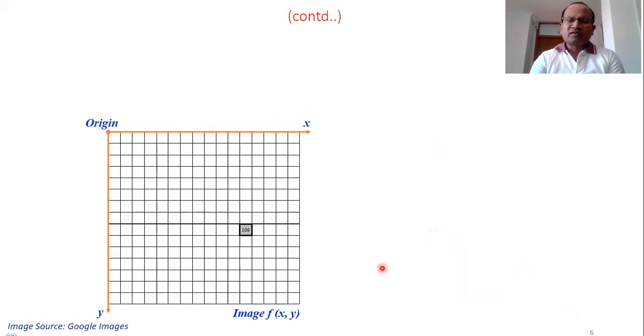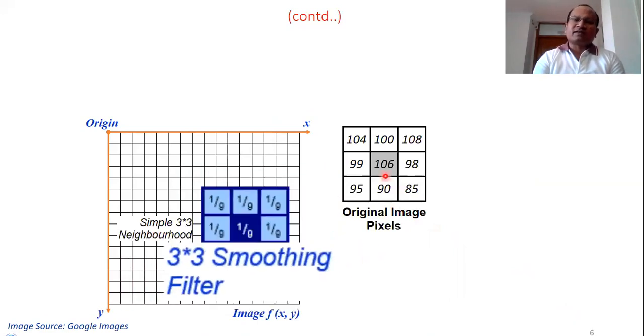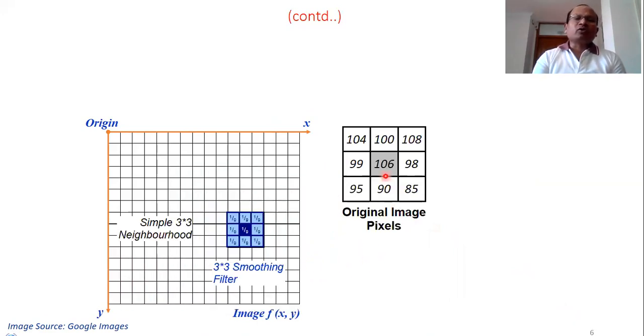For example, see here that there is a neighborhood: 100, 104, 100, 108, 99, 106, 98, 95, 90, and 85. Look at here. This is a 3 by 3 neighborhood. At the center 106 is there. Now we want to smooth it. How do we smoothen it?